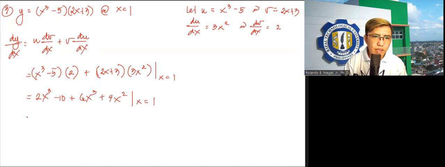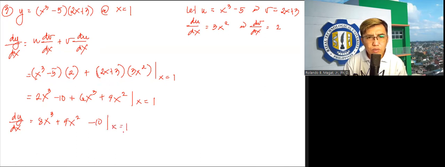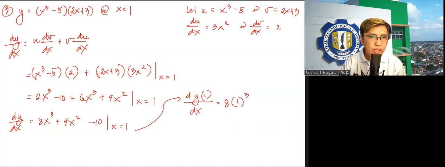So, to simplify, dy over dx is 8x cubed plus 9x squared minus 10. Then we are to evaluate it at x is equal to 1. Okay? So, let's evaluate it. So, we have dy at 1 over dx is equal to 8 times 1 cubed. 1 ba o negative 1?